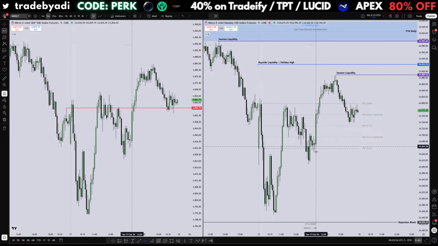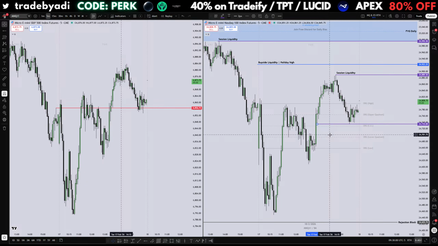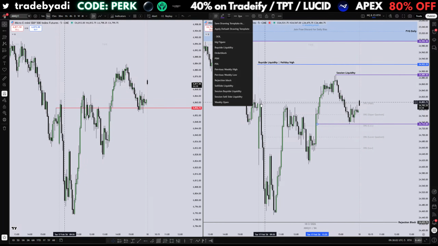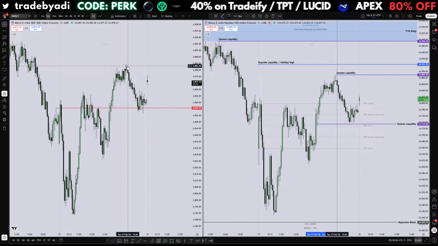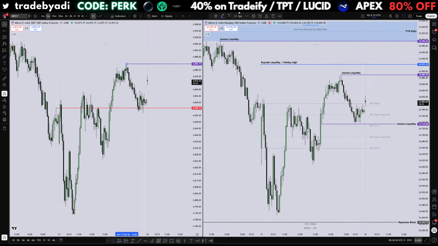This is the 12:30. This gap is most interesting for me. Session liquidity: buy side liquidity for this session, and this will be the session sell side liquidity.